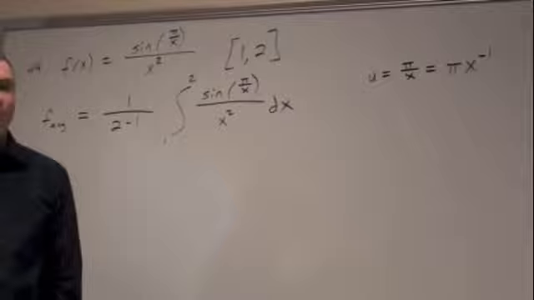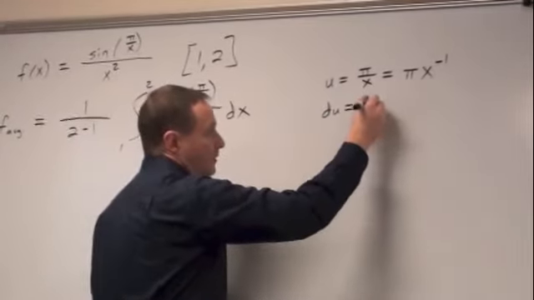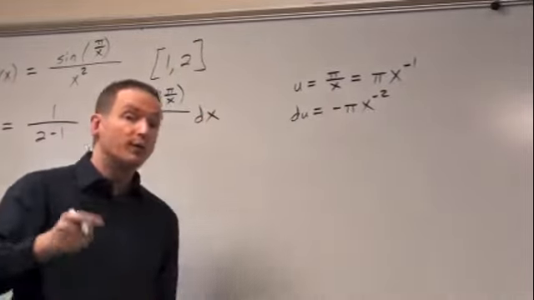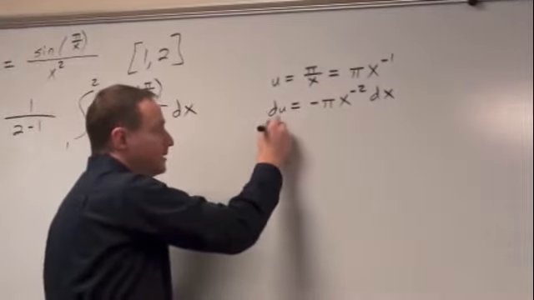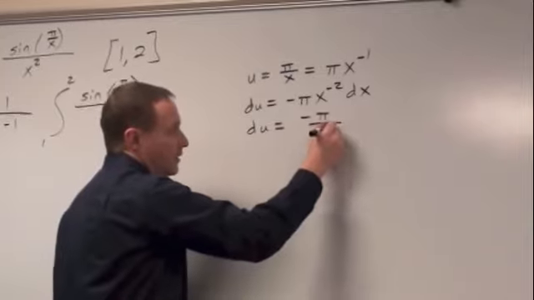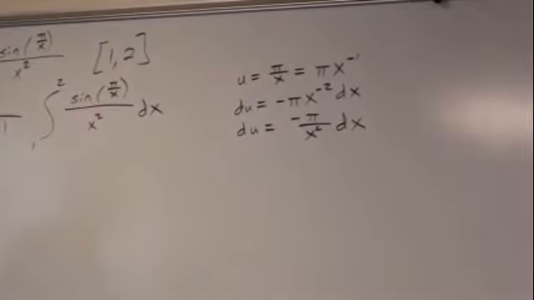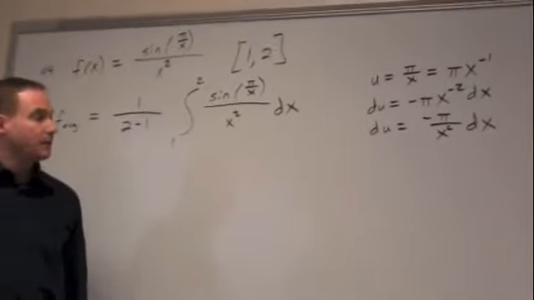Then you can see du, the negative 1 would come down in front, negative pi x to the negative 2 with respect to x. So du is negative pi over x squared dx. I need to see that inside of this problem if I'm going to do a u substitution.